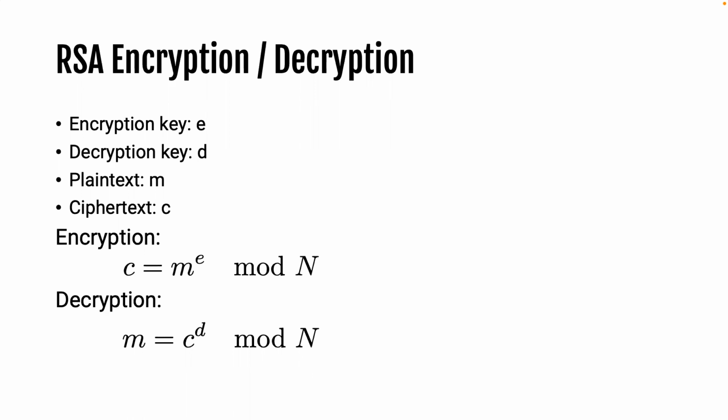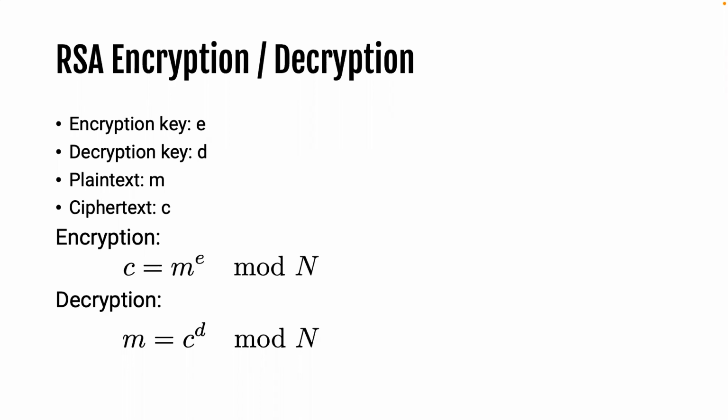So the encryption is to calculate M to the E, the exponential value, modulo N. M is the plaintext, and we take M to the E mod N. Mathematically speaking, it's fairly easy. I will talk about what N is later. Right now, you can just know that N is a big number.